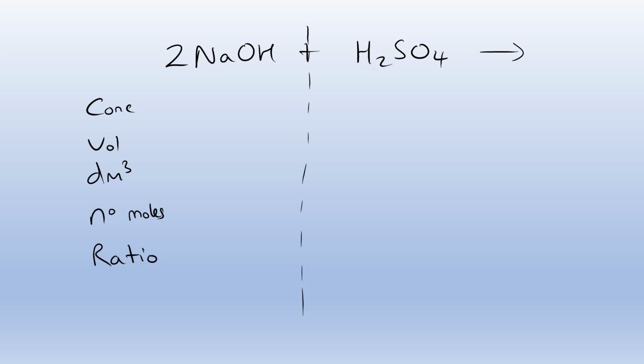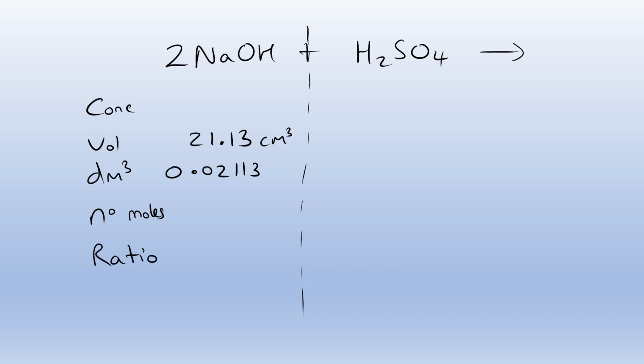So from our question, we were able to look and see that the volume of sodium hydroxide that we added was an average of 21.13 centimetres cubed. But we want that in decimetres cubed, so I'm going to divide by 1,000. Going from centimetres cubed to decimetres cubed, we divide by 1,000. So it's going to be 0.02113 decimetres cubed. Okay, I've got a volume.